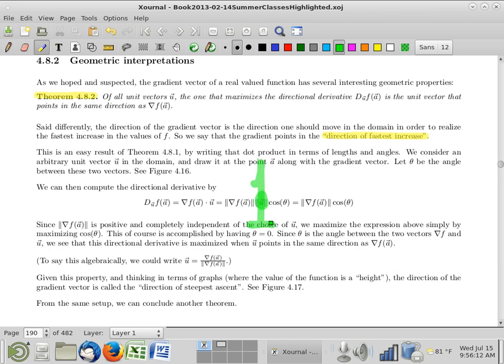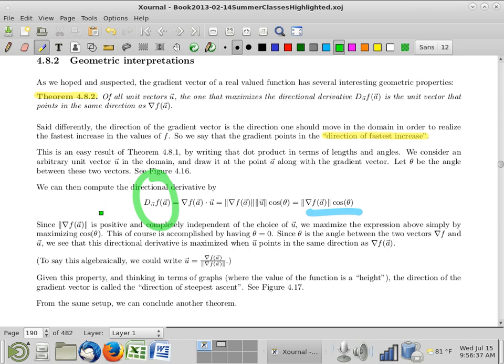So I'm just going to cross that off, and all that's left then is magnitude of the gradient times cosine of theta. So there's our answer to the first question, namely, how fast is the function increasing in that unit vector direction U? Magnitude of the gradient times cosine theta.